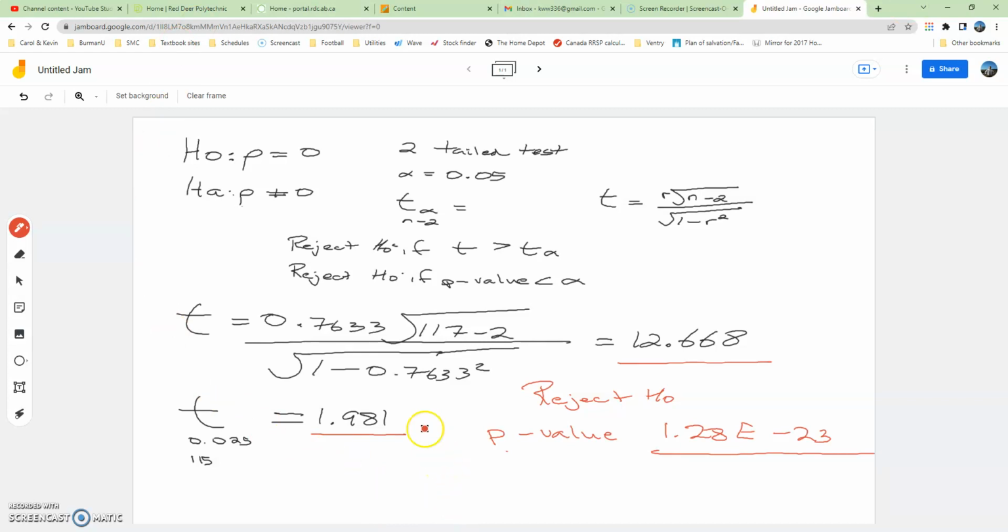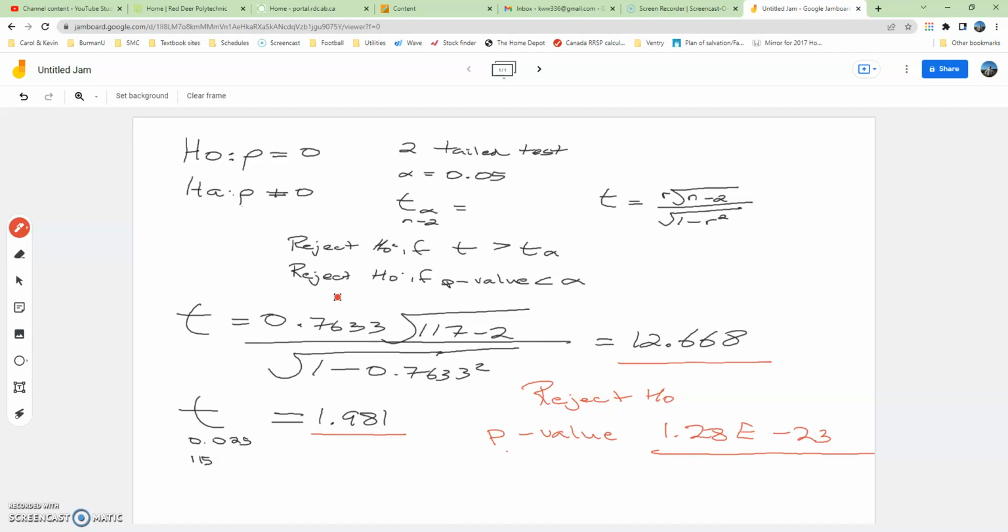In your report, you could tell me what you're doing in the body of the report, comparing questions 17 and 18, for example. You get a p-value of 1.28E negative 23, which basically means that you have enough evidence to state that there is a significant relationship between the data in question 17 and the data in question 18.